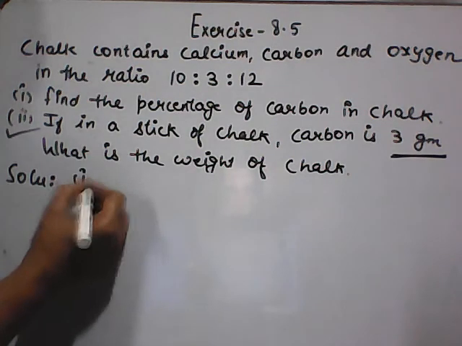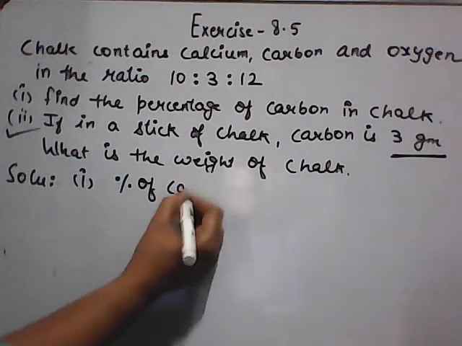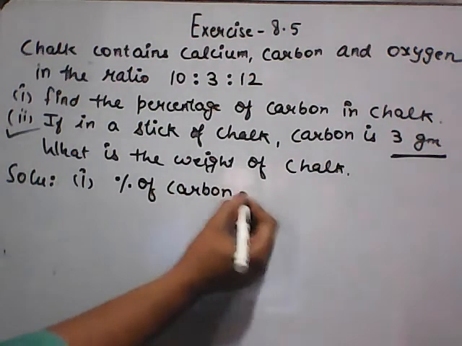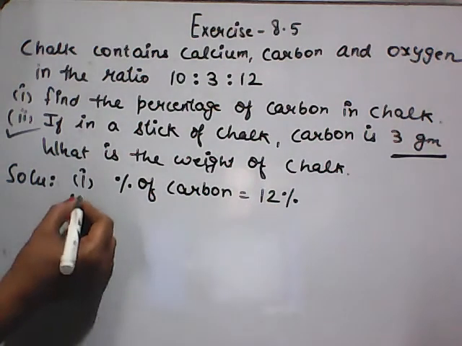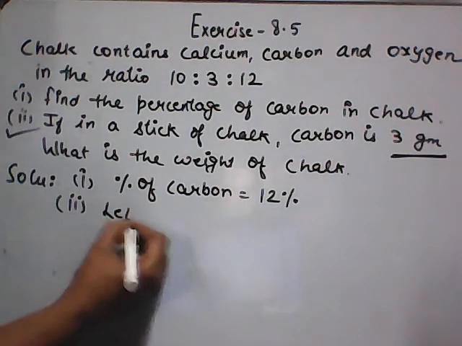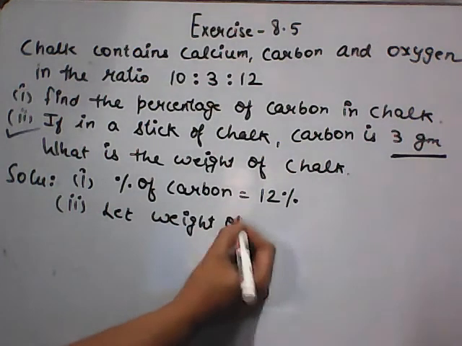In part 1, we have calculated the percentage of carbon is 12%. Now in question number 2, you have to calculate the weight of chalk. So let the total weight of chalk be x gram.